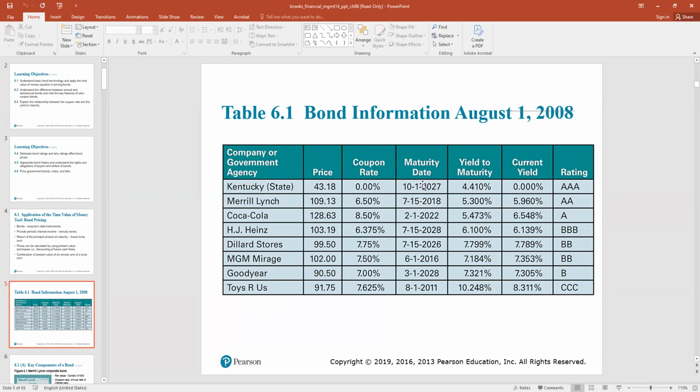It means that the company that sells the bonds has agreed and is obligated to pay the interest to you, regardless of the profit, regardless of the position of the company in the market. So they will pay you interest at the coupon rate yearly or semi-annually, and they will keep paying until the maturity date. And at the end of the maturity date, they will pay you the principal amount.